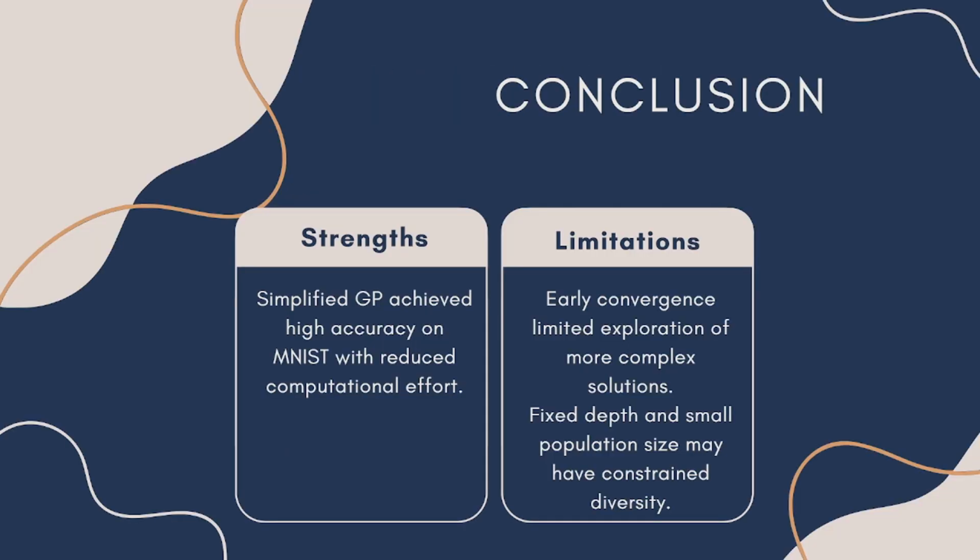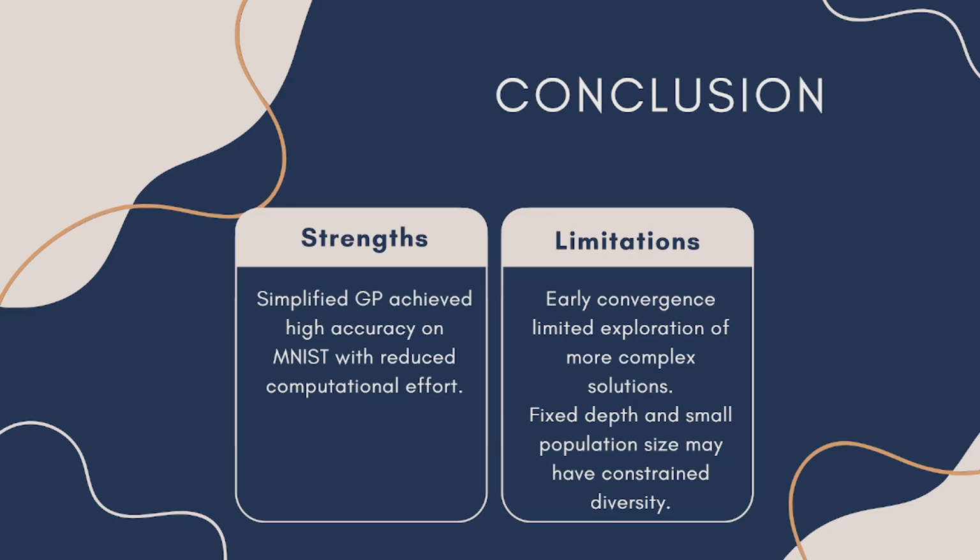In conclusion, the early convergence limited the exploration of more complex solutions. Maybe this could be because the fixed depth, the small population size and the small number of generations may have constrained the diversity.